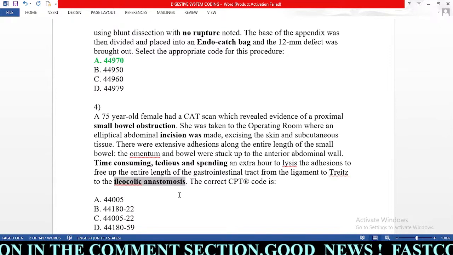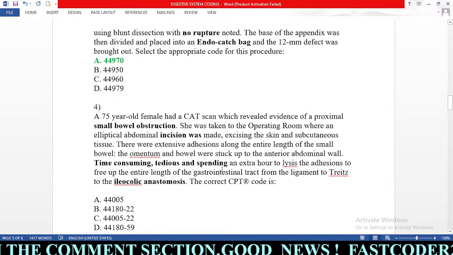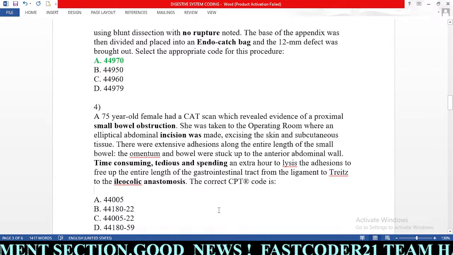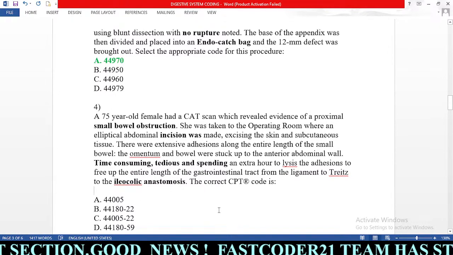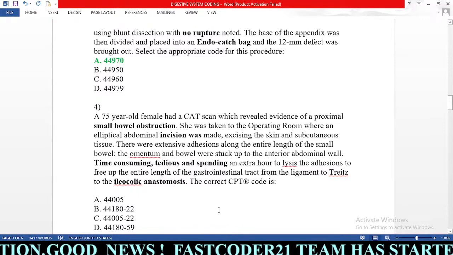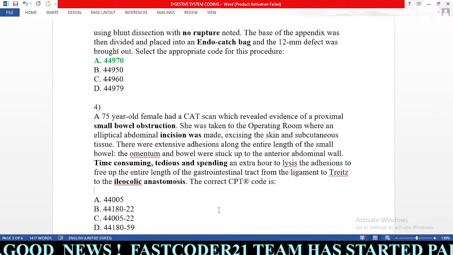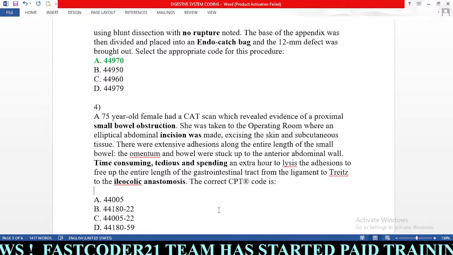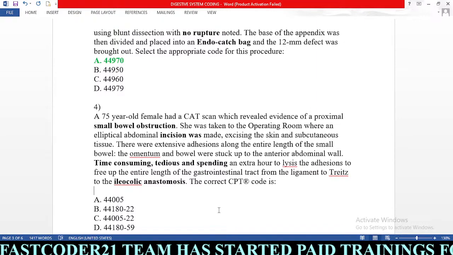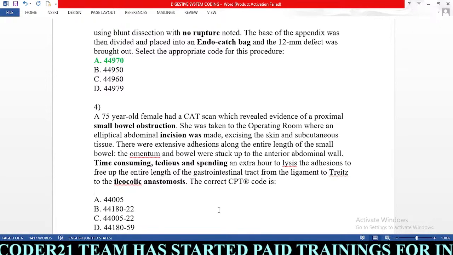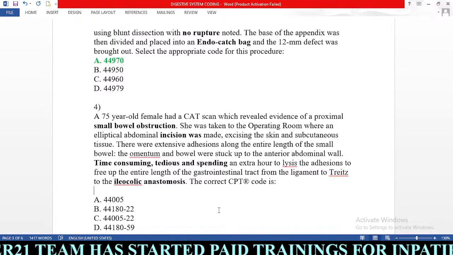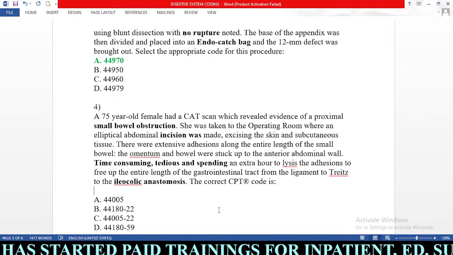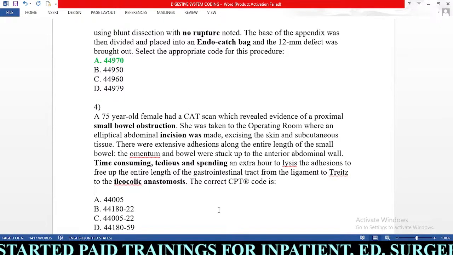So here the physician basically performed lysis of adhesions. So we need to find the code for that. As usual, first we need to check the code category. So if we check 44005, what is that? 44005 is intestine incision, enterolysis.